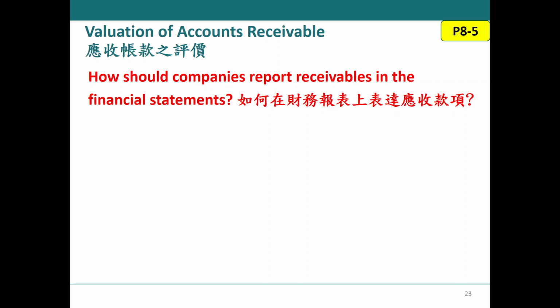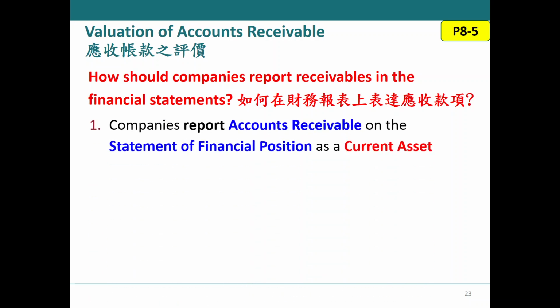Which financial statement could we find our receivables on? Assets, right? So it's on our statement of financial position, the balance sheet, right? It talks about our assets, current or non-current. Accounts receivable is our oral promise.